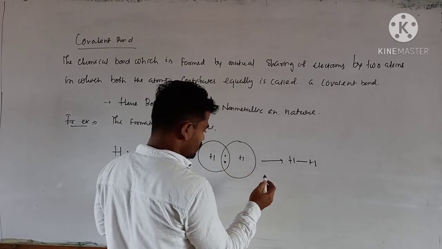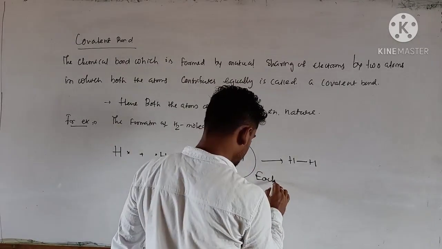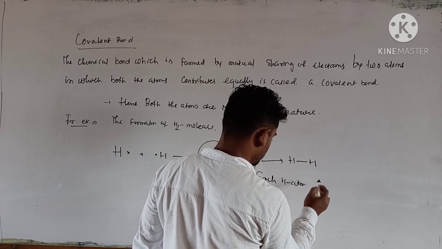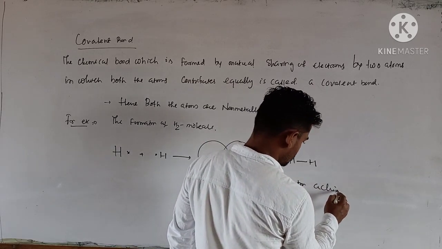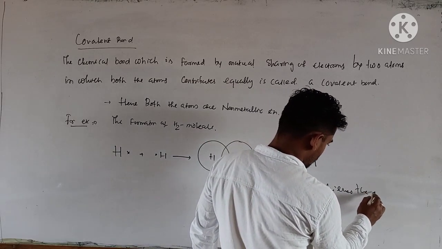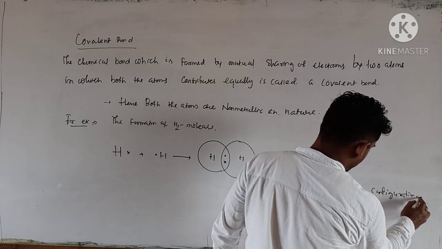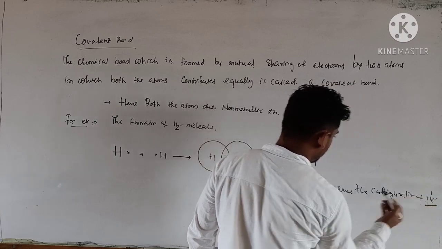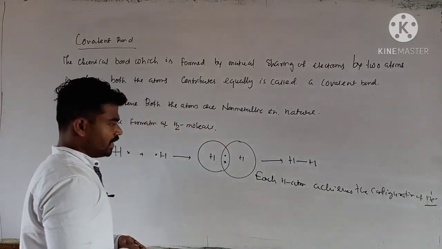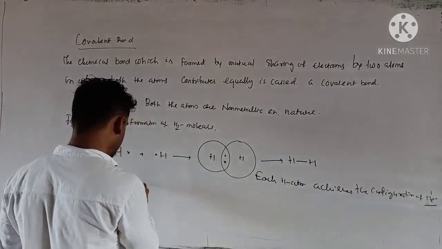So each hydrogen atom achieves the configuration of helium, and the number of electrons contributed is called covalency.